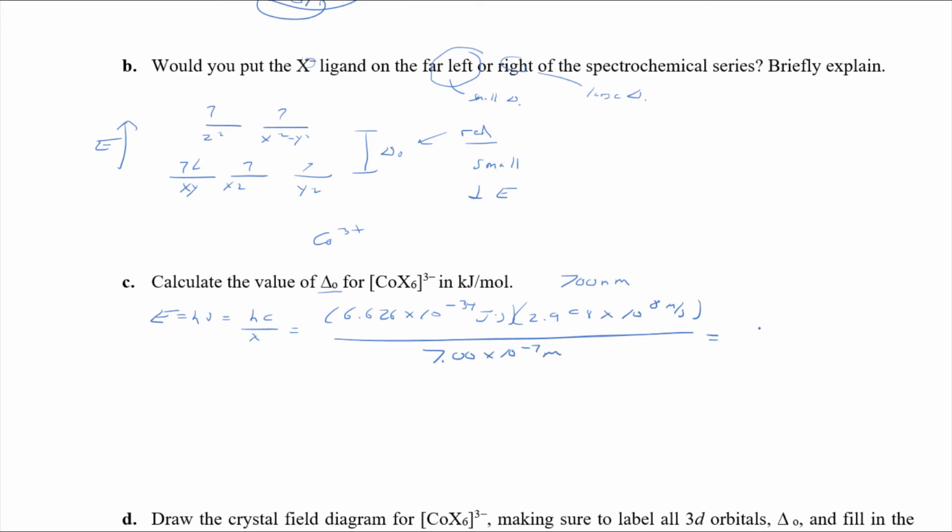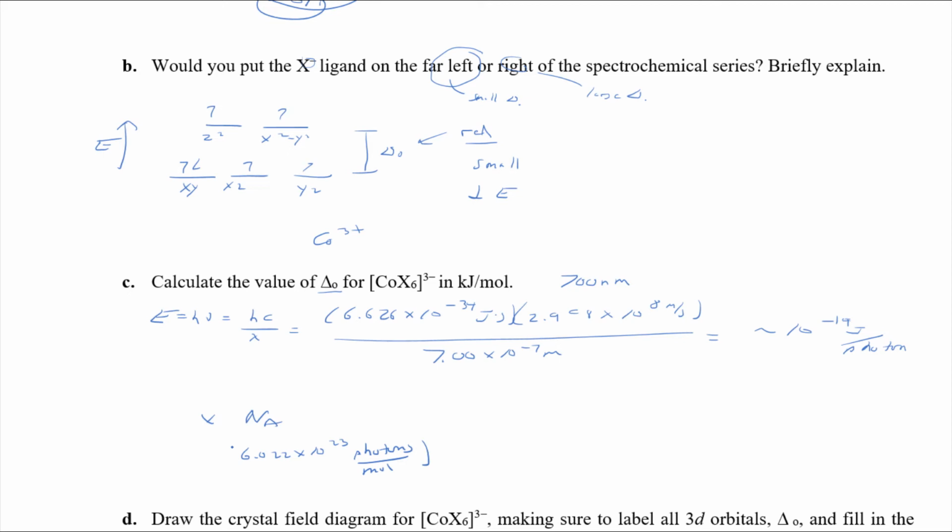And I get a number that looks like, it's going to be something like 10 to the negative 19th joules per photon, right? And you're going to take that number times Avogadro's number, right? That's 6.022 times 10 to the 23rd, and that is photons per mole, right?